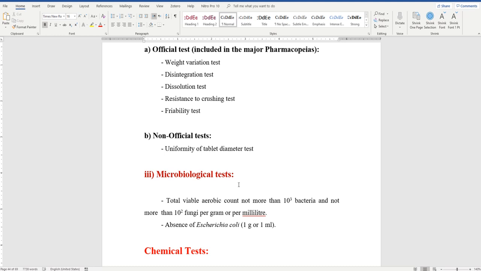Hygienic tablets means that there is a limit on the number of bacteria present in 1 gram of drug or of the formulation. There is also a limit for fungi, and most importantly, there should not be any pathogenic bacteria at all. This is what we mean by hygienic tablets or product.